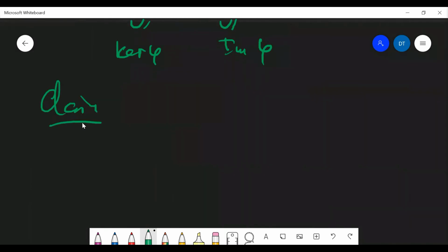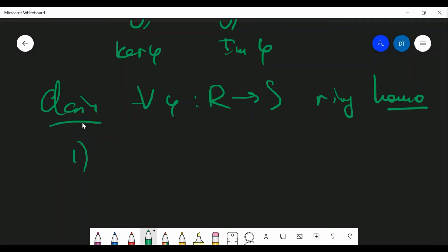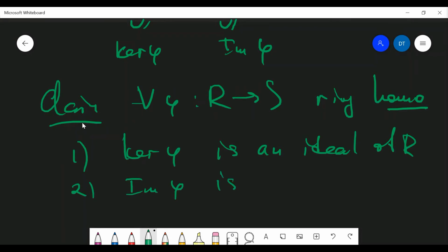For any ring homomorphism, first of all, the kernel is an ideal of R. The image is a subring of S.